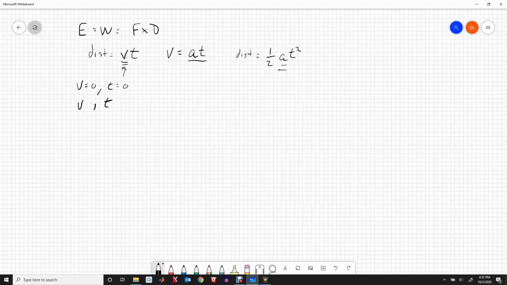And it tells us why. What we're trying to get at is, why is the total energy of an object moving through space 1/2 mv squared?